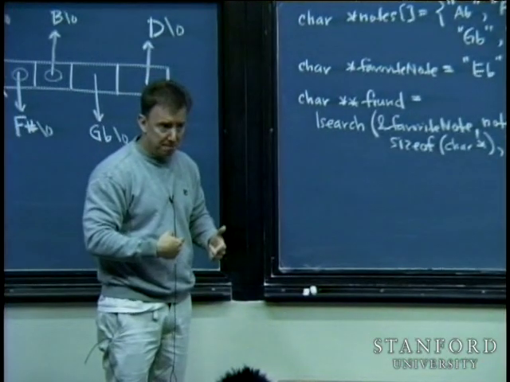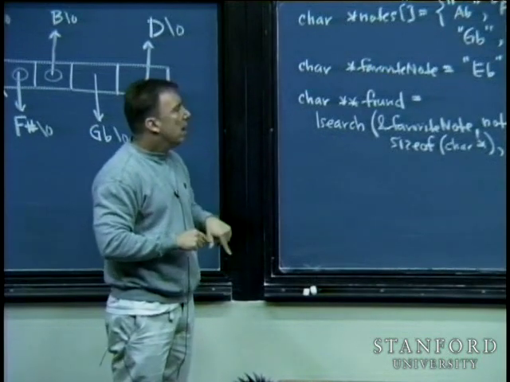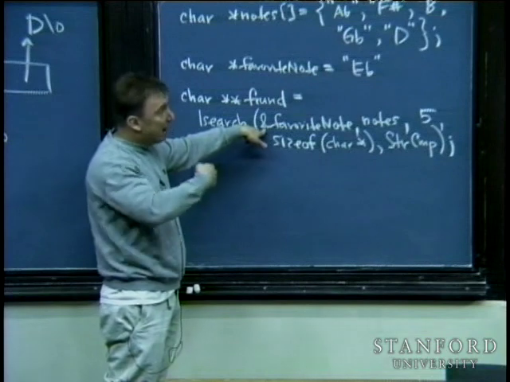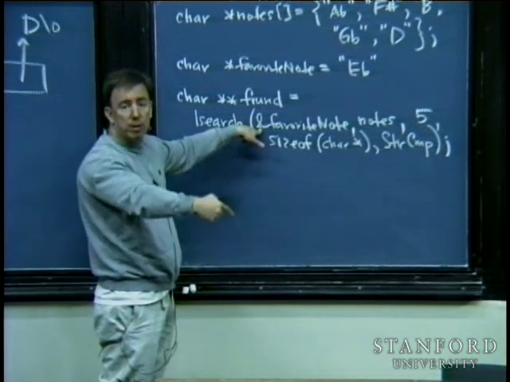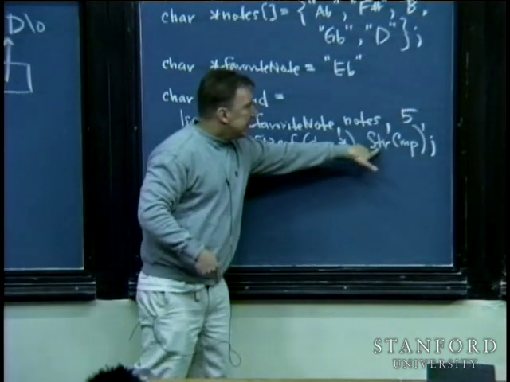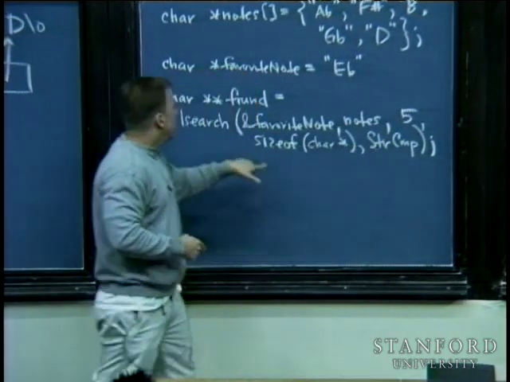It doesn't have to be. Okay, I'll get to that in a second. But I'm writing it this way, so I pass in the ampersand of favorite note. So I get the ampersand of the tail of that arrow that points to E flat, 2 hops away from the capital E. I have to write the strcomp function.